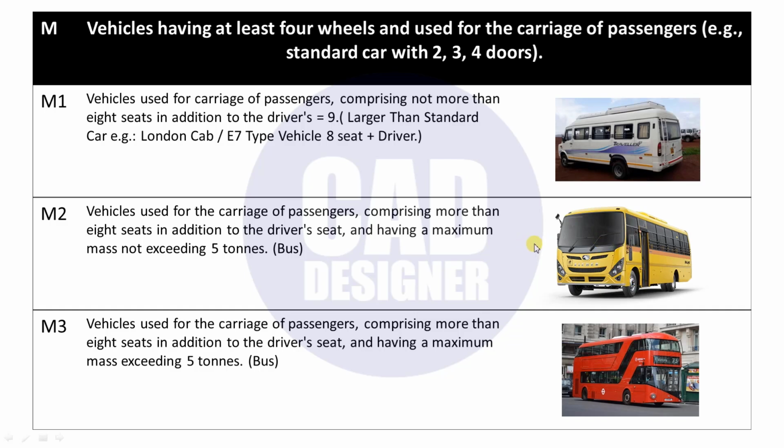We know that it is a four-wheeler having more than 10 people carrying capacity. But here is the limitation on the mass, not exceeding 5 tons. And then in the M3 category, again the bus comes, with more than 8 seats, so you can seat more than 8 passengers in that bus.